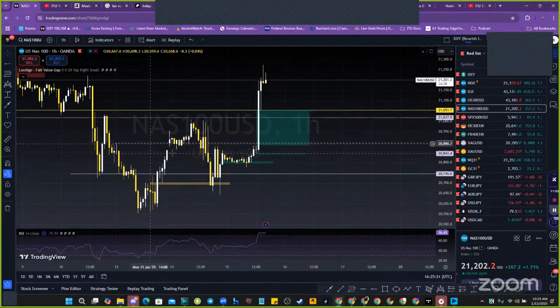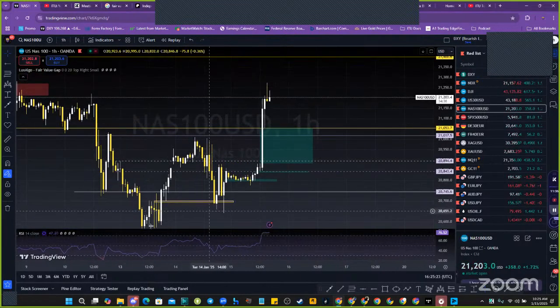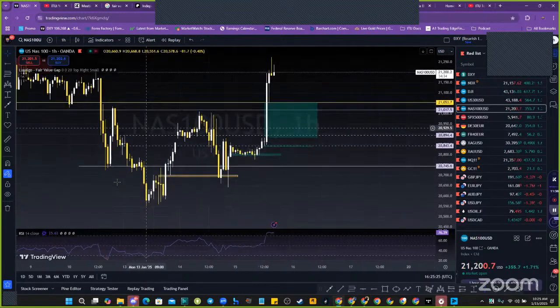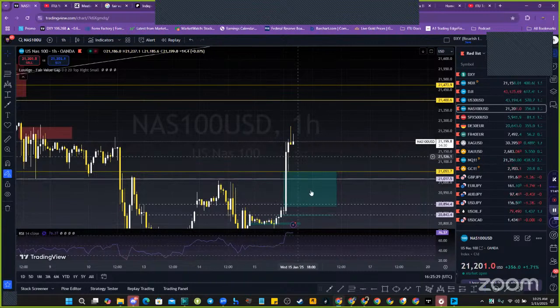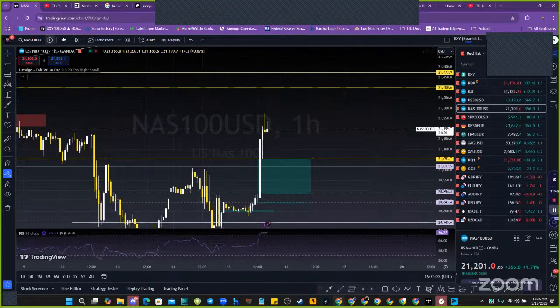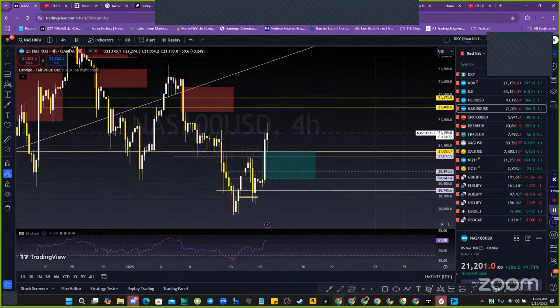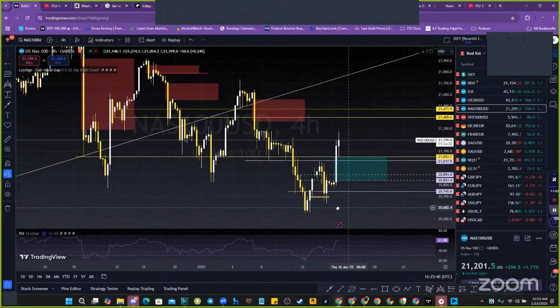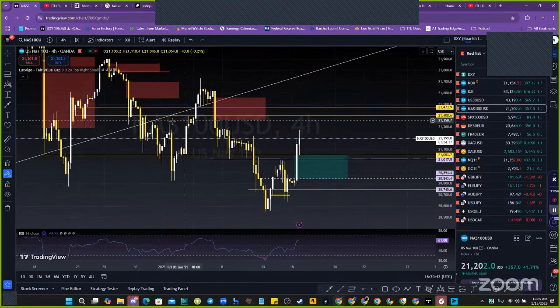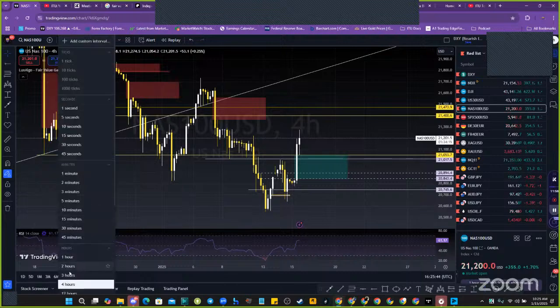Nas as well, same thing. We had the double bottom, maybe more inverted head and shoulders, but the more identifier here is this support here, right? So we'd like to get a retest of that support level, which it kind of already got here on the 4 hour. So we'll see if that'll even do any more than it's already doing.